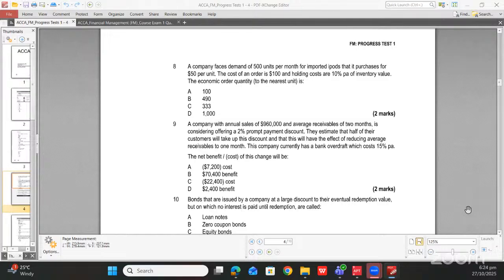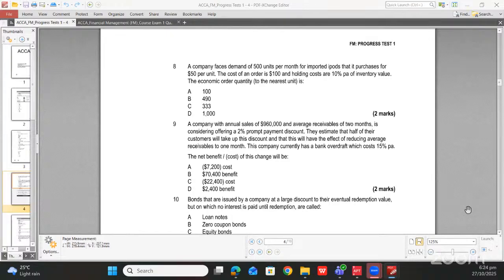That being the case, it would reduce their overdraft costs, 15% of 80,000. So one of the first benefits they're going to get from this is that they're going to be paying less interest. Since a whole year is 960,000, 1 month out of that would be $80,000.